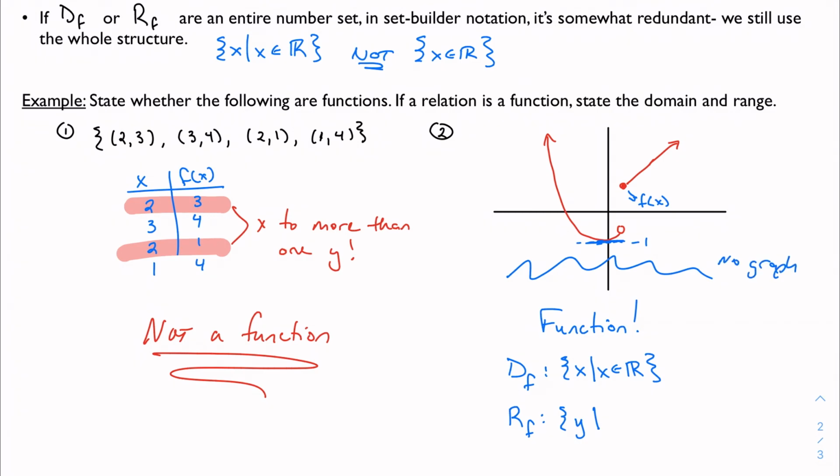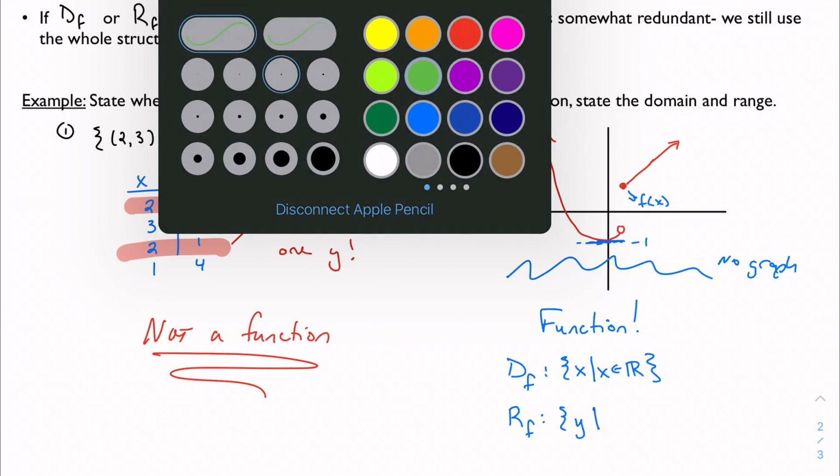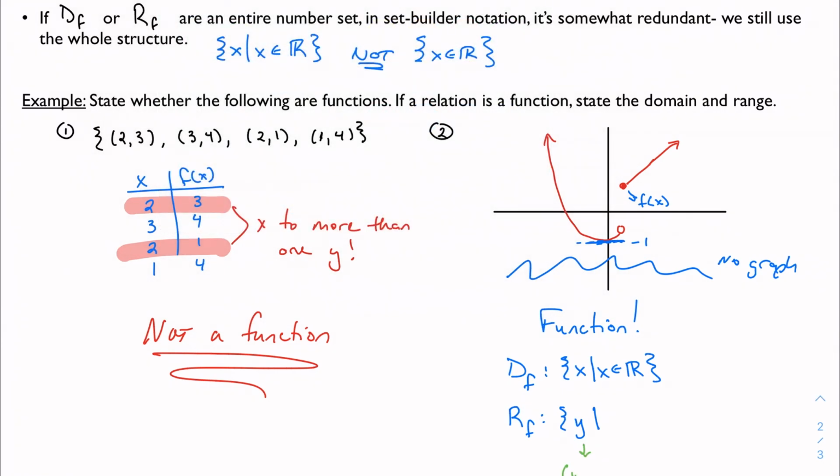I have graph from -1 up. So all my y's, and because it's the real numbers, I don't need to state that it's a real number. We're assuming that it's a real number. And it's all of the real numbers that are greater than or equal to -1. And I'm just going to state that, just like this. That's all we're doing with domain and range.